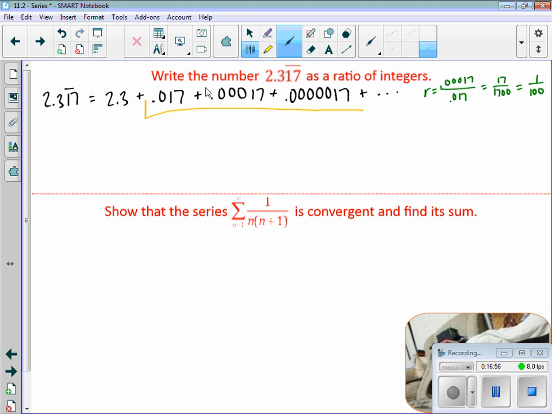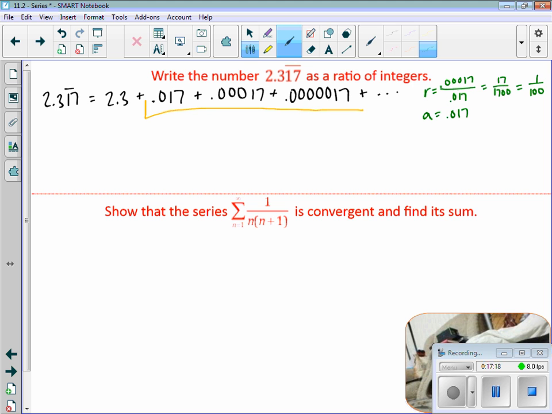But that R value has to be the same all the way through, otherwise it's not geometric, okay? So you could divide another set to make sure that they're the same, and then you'd show that it's geometric there. And what's our A value for this one if we're talking about the geometric piece? Nope, the geometric piece, 0.017.